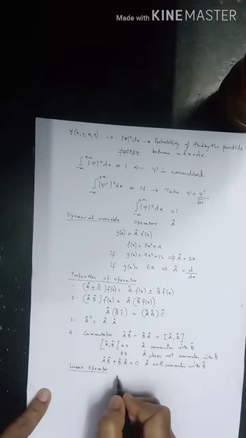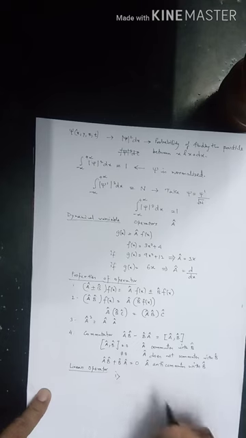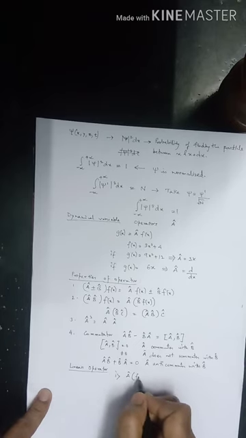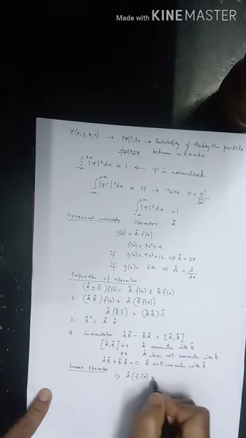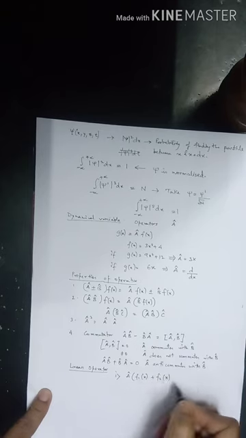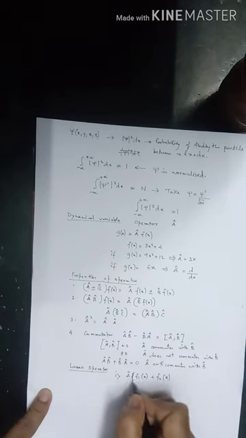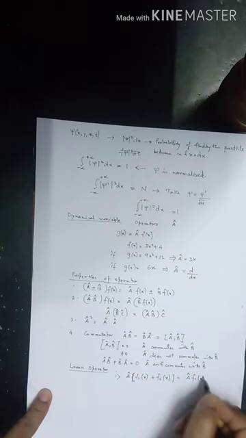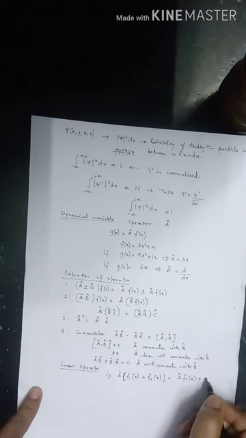What are they? The first is A operating on f1(x) plus f2(x) gives A of f1(x) plus A of f2(x).